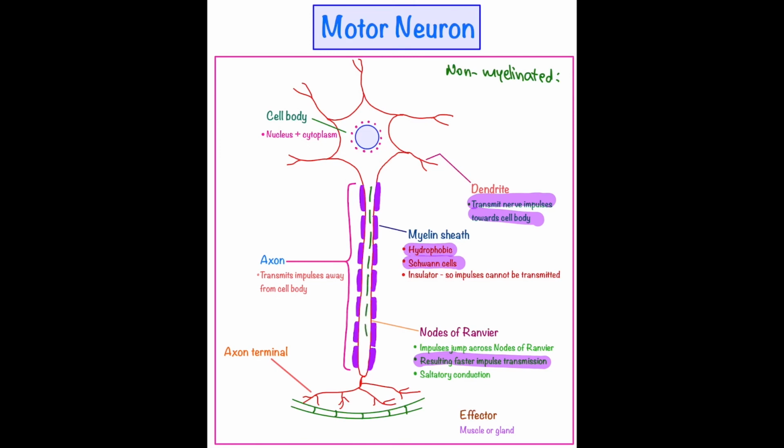These are the myelinated neurons. But imagine for a second that there is no myelin sheath present here. Then impulse will pass like this, right? In that case, impulse will be transmitted at the rate of 1 meter per second. But as we know that motor neuron is myelinated, so impulse cannot be transmitted like this. It has to jump, right?